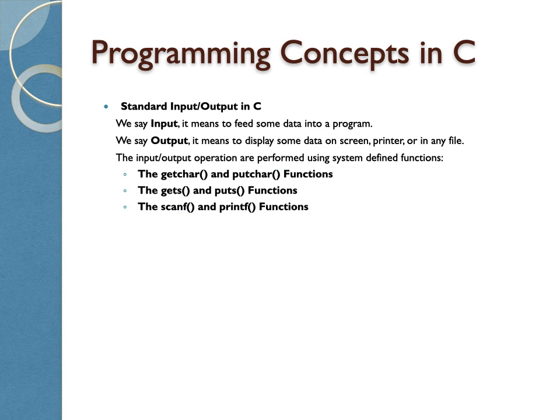Okay, first of all, we will discuss input-output functions that are written in C programs to perform input-output operations simply. But before continuing, there are a few things you should memorize at this particular time. I'm telling you in short that there are certain functions in C programs which are already defined.